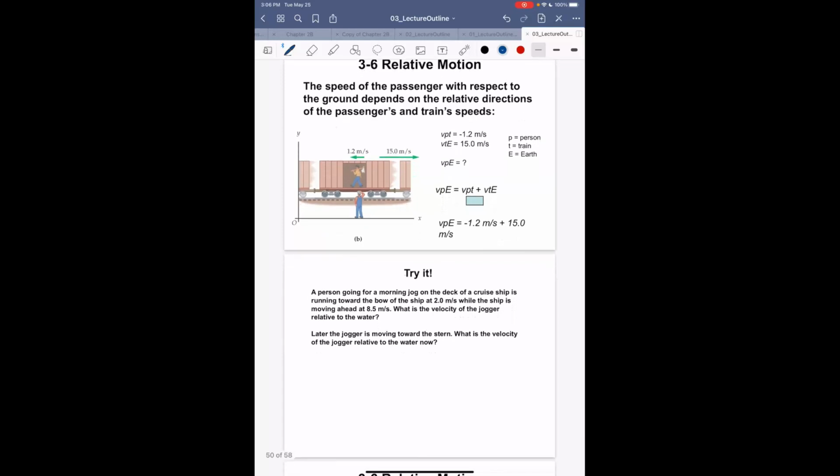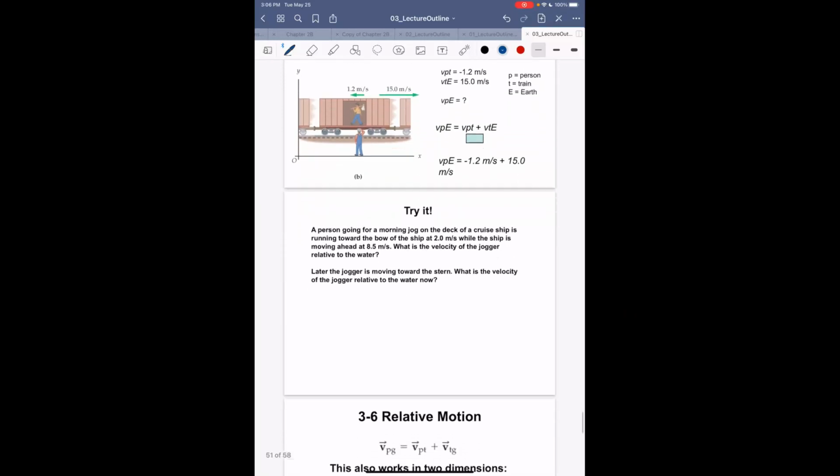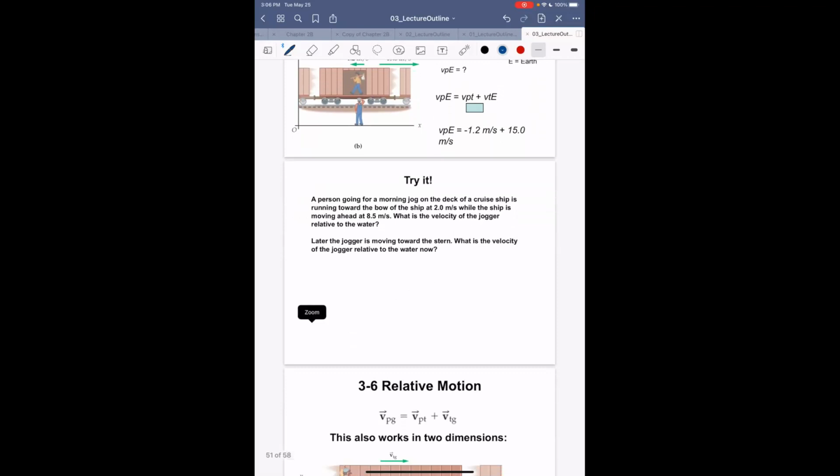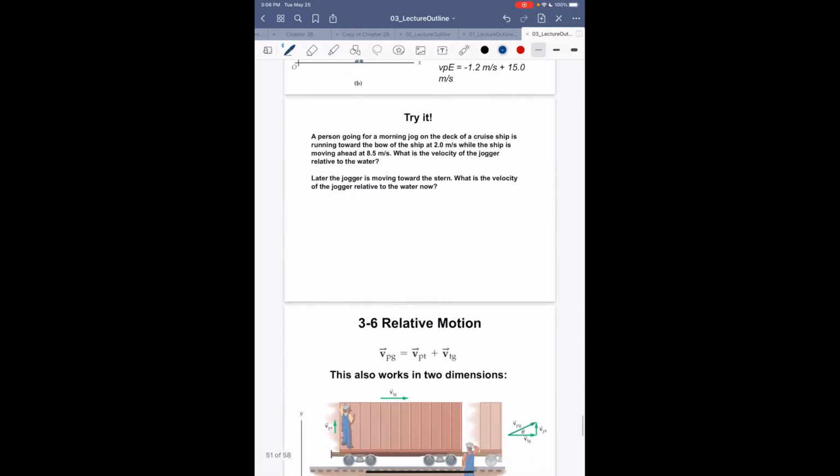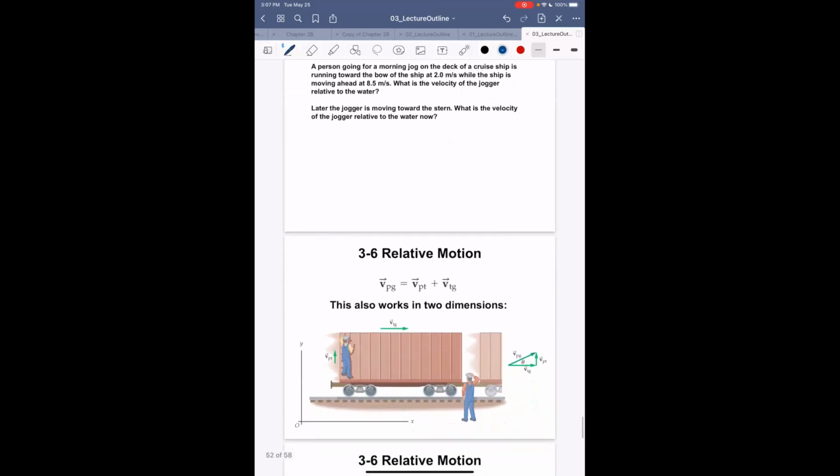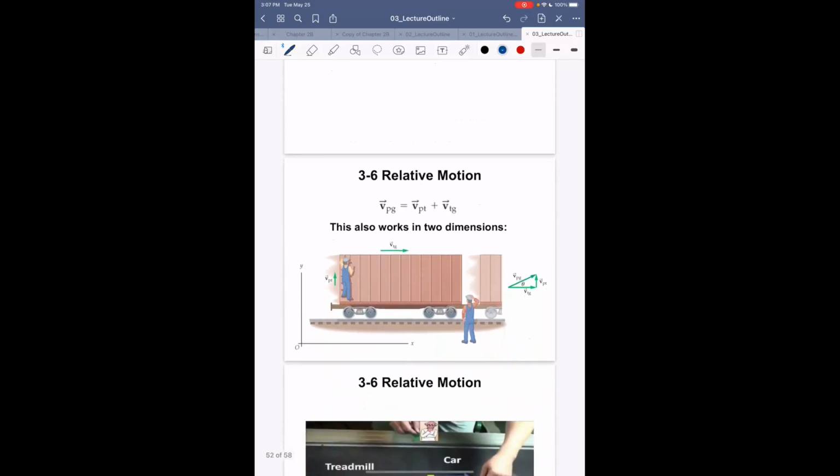Now, here, I will say this should be working also with two dimensions. If I imagine that that worker is going to be climbing, then I will say the velocity of the train with respect to the ground is this one.